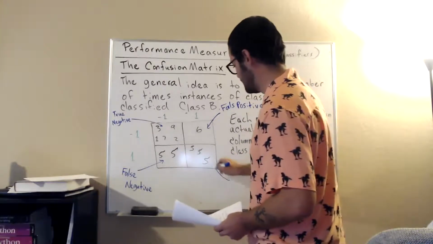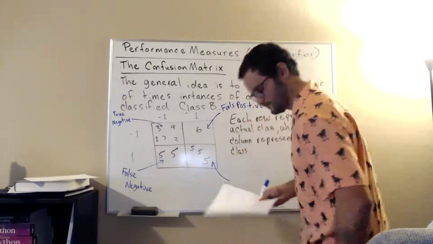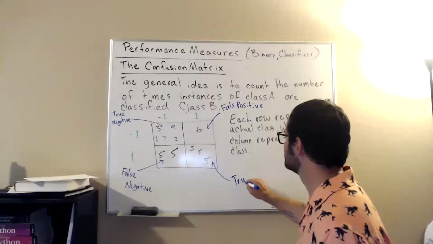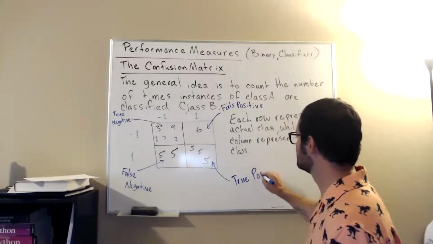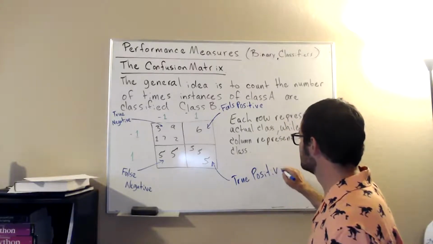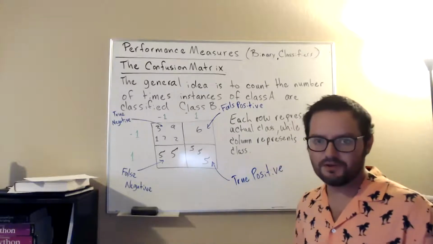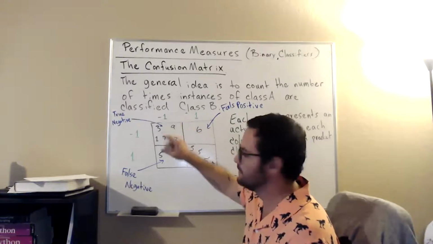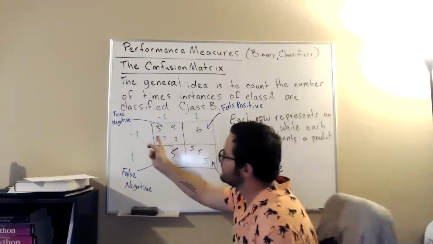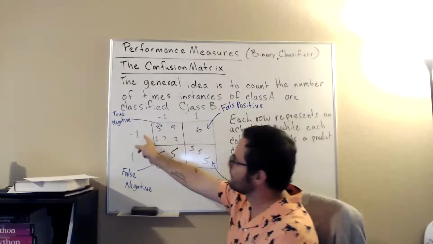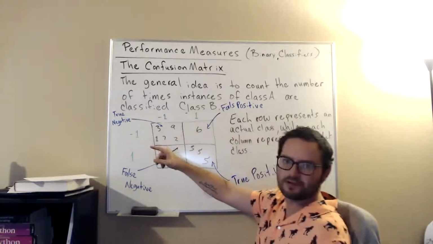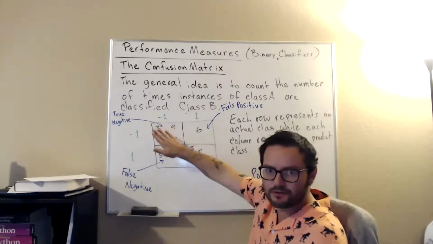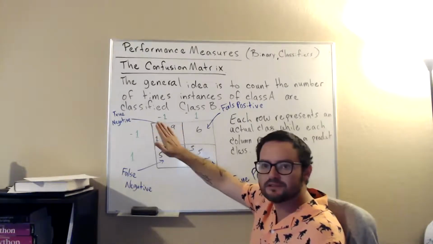And then here we have true positive. Basically, here is the number of elements in our data set that were a negative class, -1 class, and our model predicted -1 class. So this counts the total number of ones we correctly predicted negative.